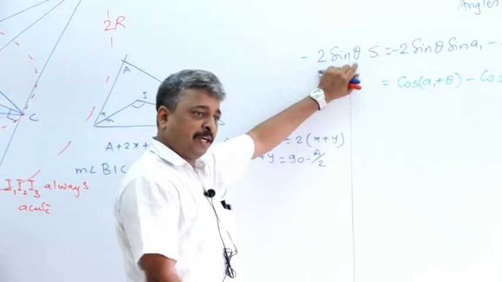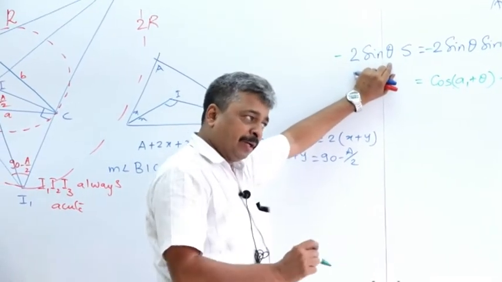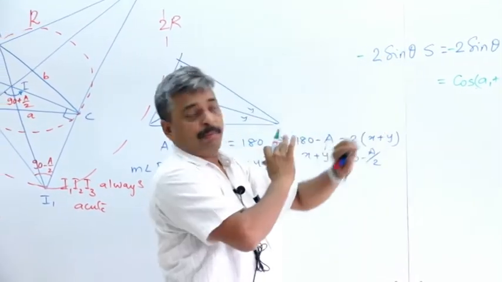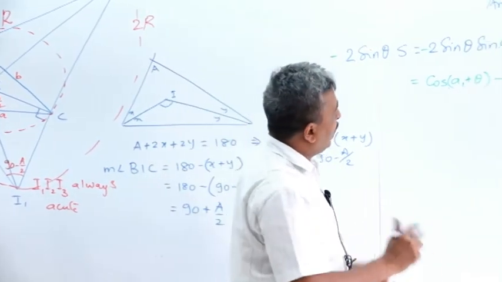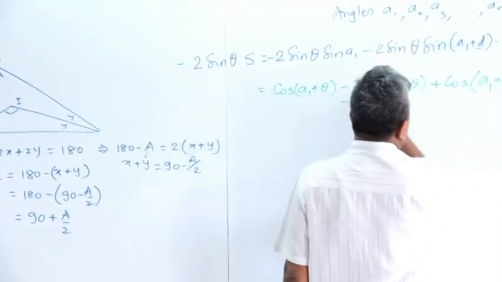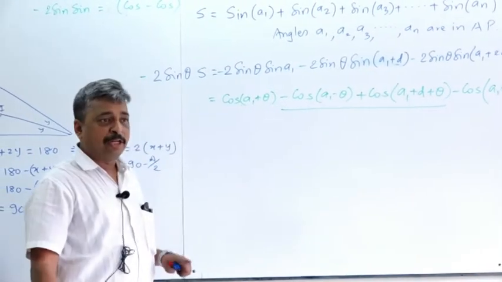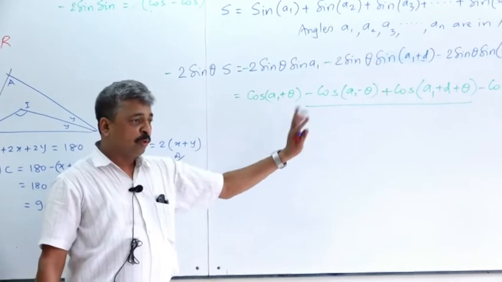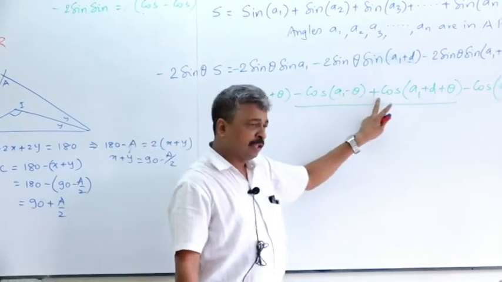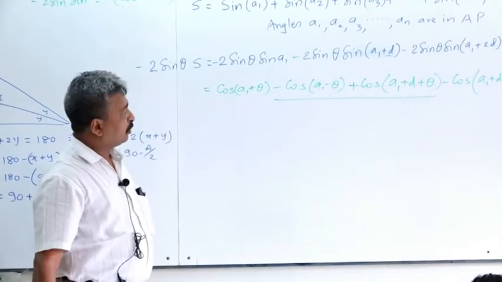Now, this theta I have put is just an arbitrary angle, any angle. I can always control that. I can put theta such that my calculations are easy. Now what I want is that these two terms should cancel with each other. One is with a minus sign, another with a plus sign. So for what value of theta will these two terms be the same? Can we find out?